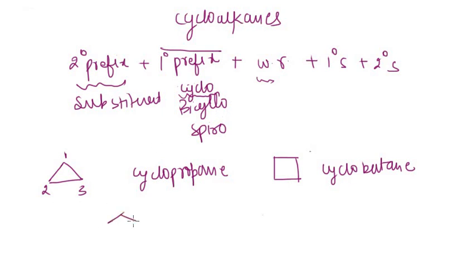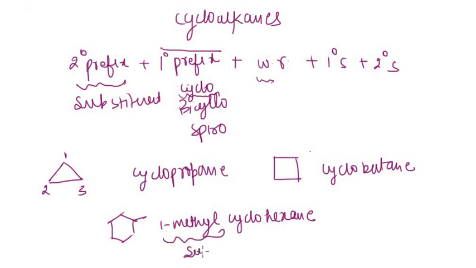And now if I put a methyl group over here, it is 1-methylcyclohexane. Here 1 dash methyl, the substituent, 1-methylcyclohexane. Now if we go further, if I give you this naming, here it is also a substituent.